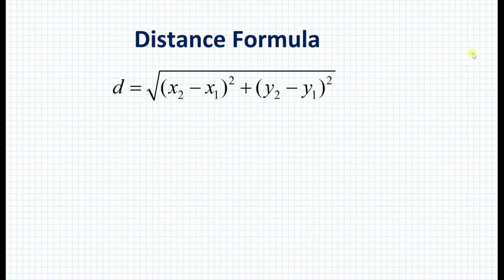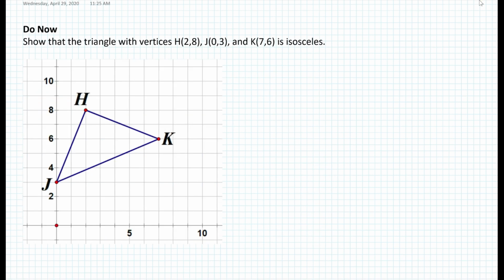So again, the distance formula is defined as, in this case, we're calling it D, the distance between 2 points on a coordinate system, is the square root of the difference in x squared plus the difference in y squared. So let's go back to the do now and see if it's an isosceles triangle or not, or show that it's an isosceles triangle.